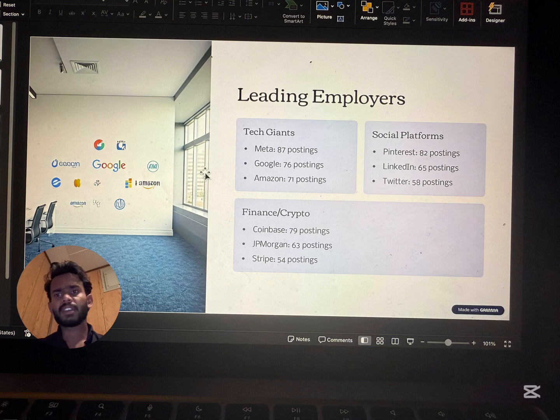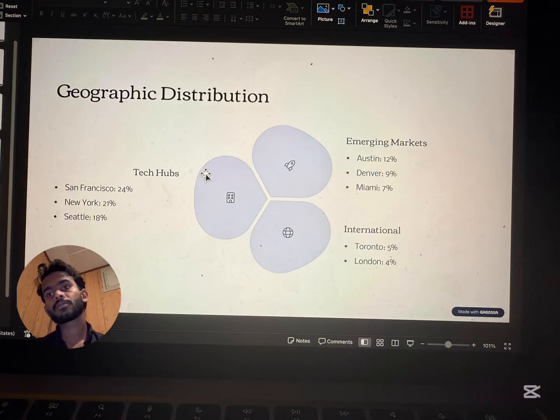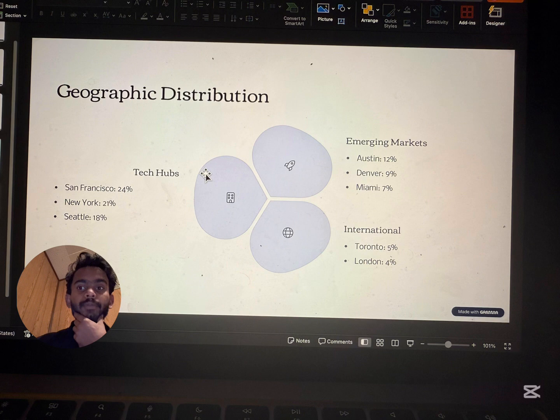Next I looked at job locations. After analyzing job titles and hiring companies, I did a location based analysis to find the top locations where these openings happen.